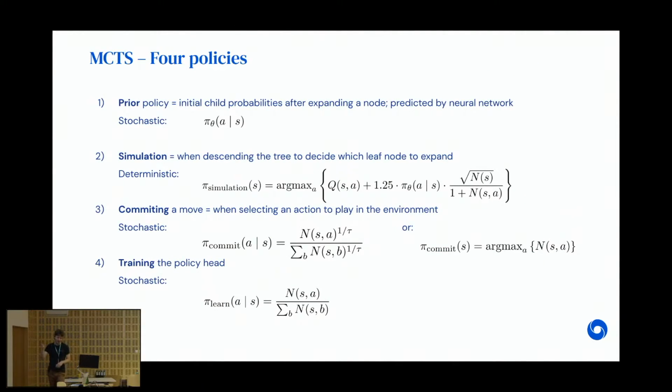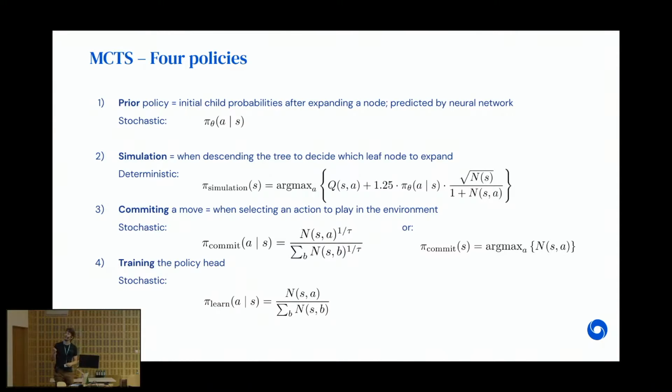Okay, now one aspect of MCTS that I found particularly confusing myself when I was first learning about it is that the concept of policy is quite overloaded. And in fact, there are 4 different policies that appear at different stages of the algorithm. So here I just wanted to summarize them and briefly go through them to highlight the differences and the terminology.